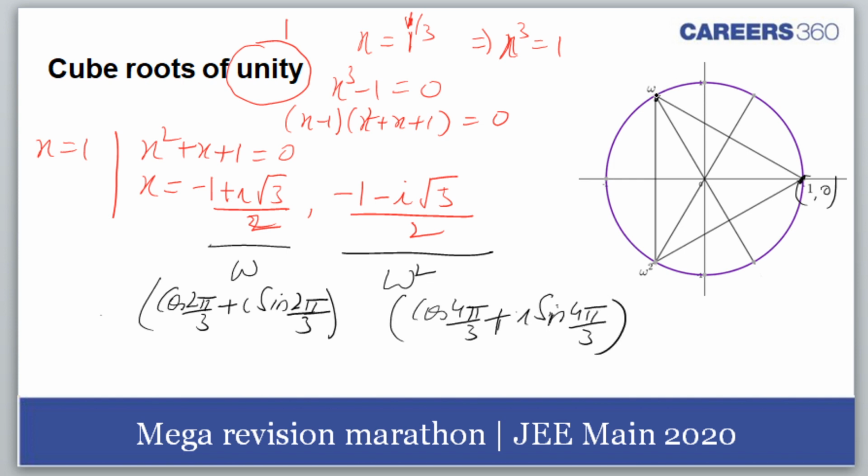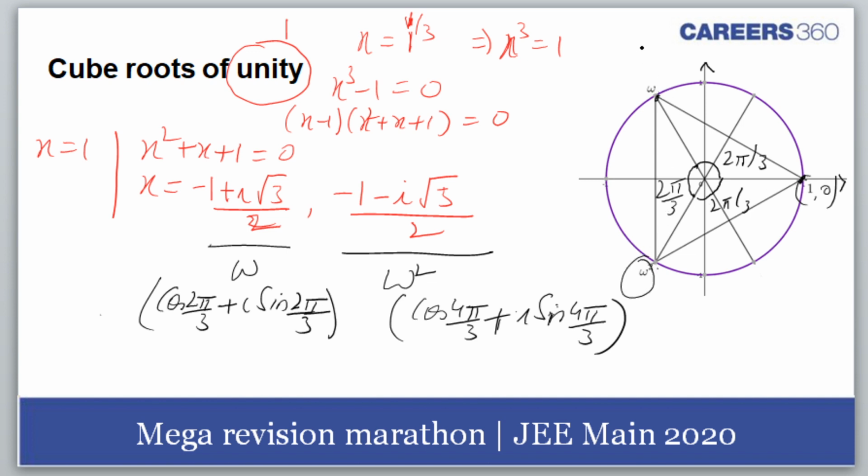So if I plot it on an Argand diagram, with imaginary axis and real axis, then one is here. Omega would be a complex number making an angle of 2 pi by 3 with the positive direction of the x-axis. Further 2 pi by 3 would take it to omega square. And the left out angle would also be 2 pi by 3. I hope you realize that these are the vertices of an equilateral triangle.